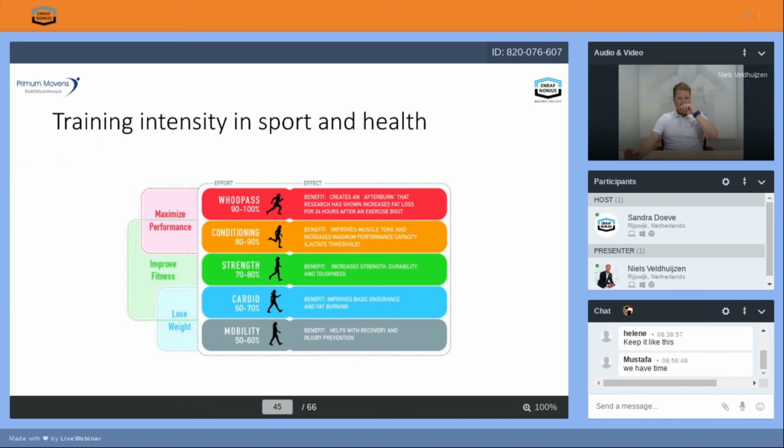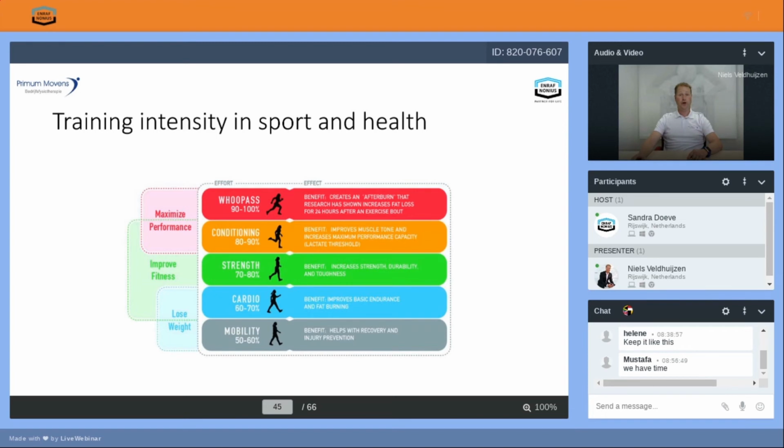In this picture over here, it's a picture of training intensity in sport and health. This is not like a standard. This is just an example that I put in, but you already see an overview in, for example, they call it effort, but I also talk about intensity of your training program. You see already training goals. The lower gray one is focusing on mobility.